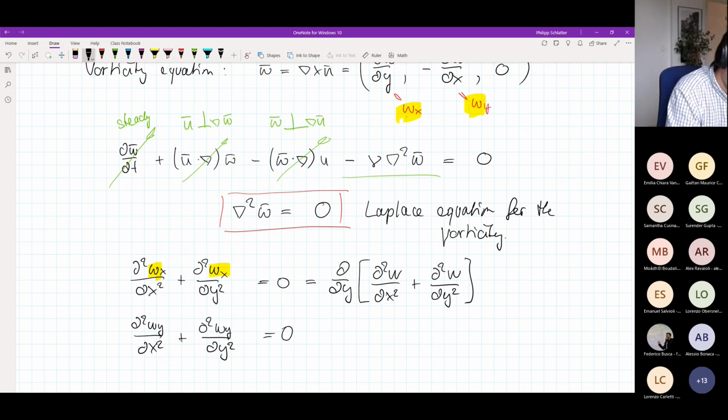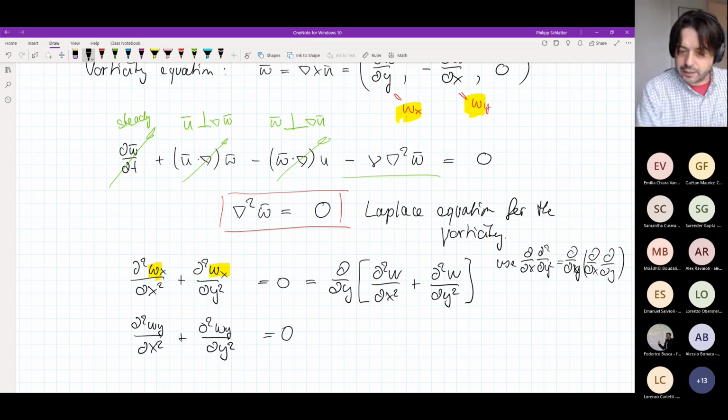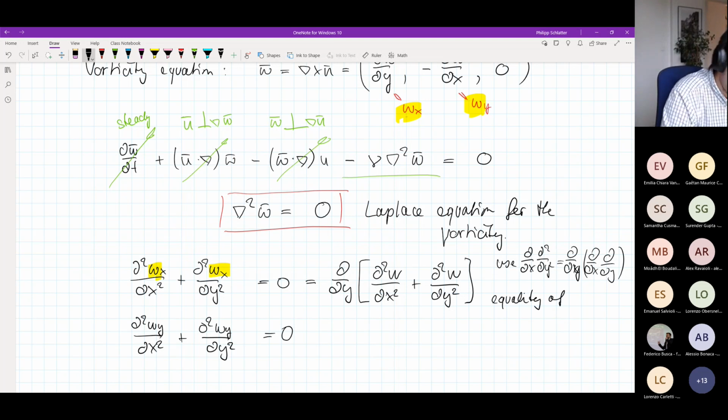As I was saying here, I was reordering the derivatives. So I used the following theorem: d dx of d squared dy squared, for instance, is the same as d dy of d dx times d dy. I can switch the order of taking derivatives, and this is also called, as you all know, the equality of mixed partials.